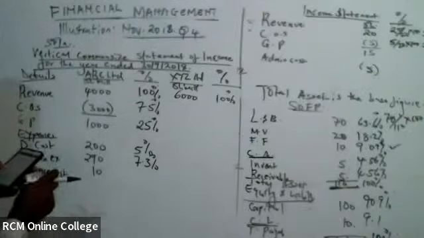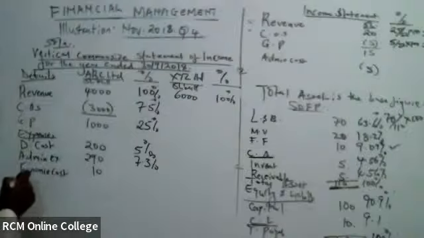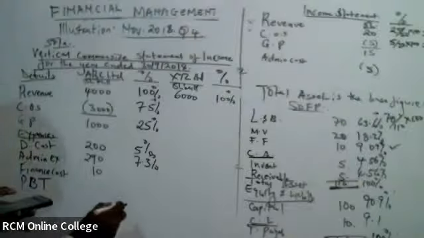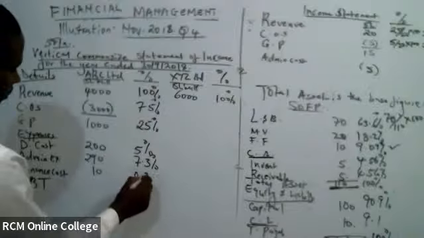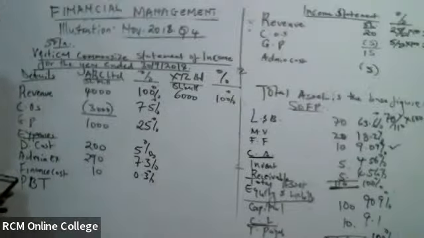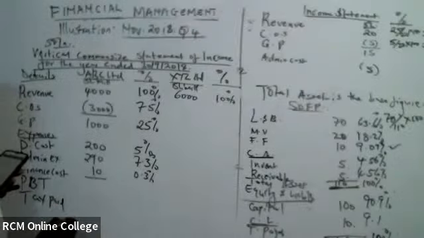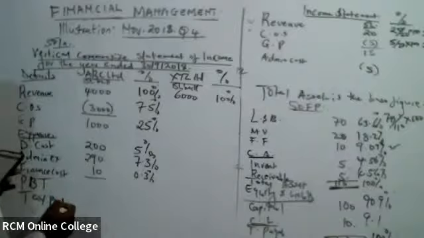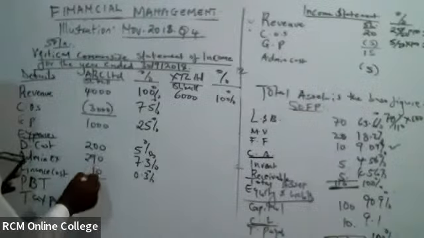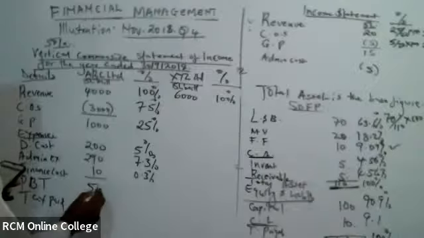The next one is profit before tax, 0.3%. Then we have tax paid here. This one we also need to have as a percentage. If this is 500, this will be 500.